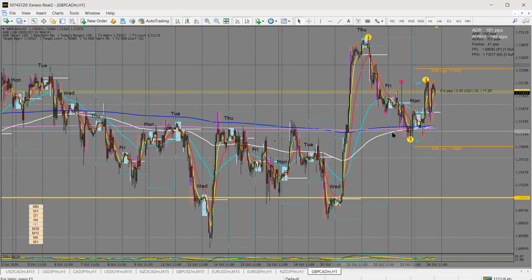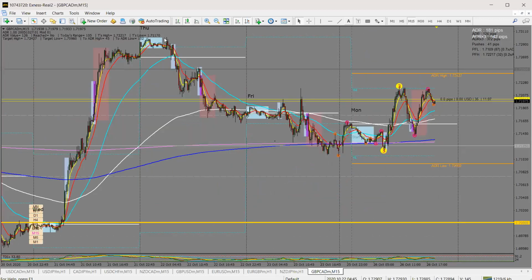I'm simply picking out different types of London patterns that were forming in the market. This for me is a type 1 because there are candles that closed above the Asian session. That for me is type 2. That for me is also type 2. So that is it in general in terms of London patterns.